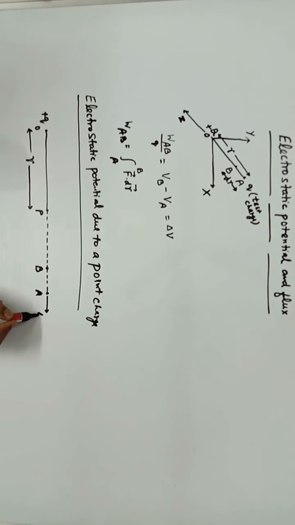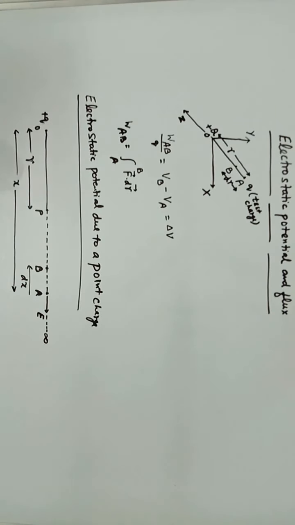Electric field due to the positive charge is away from this, and this is infinity. This distance is dx, and the distance of the point O up to A is x.